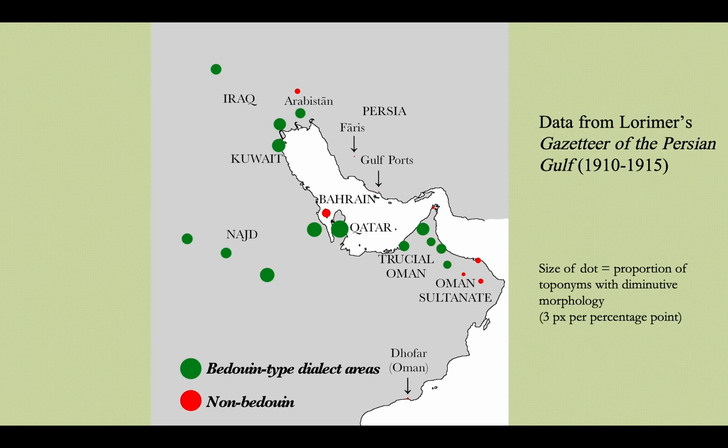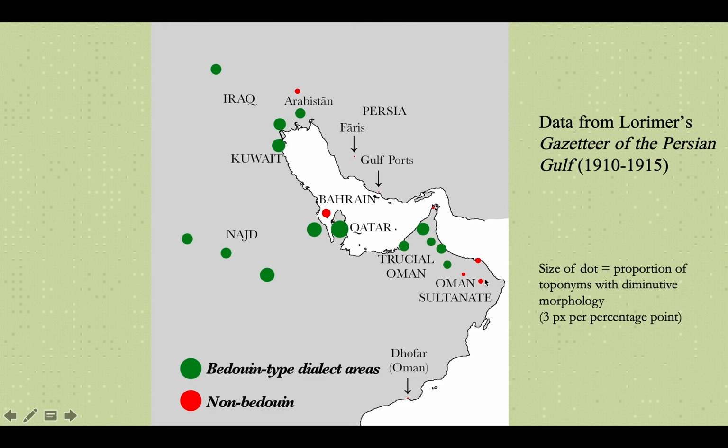The dots are barely visible in areas where Arabic is not really spoken, and also there's two areas here, Dhofar and Musendem, where Arabic is often spoken as a second language, so those percentages are very small. In addition, Oman proper, as Lorimer calls it, and Bahrain also have much lower percentages than most of the other locations along the Persian Gulf here.